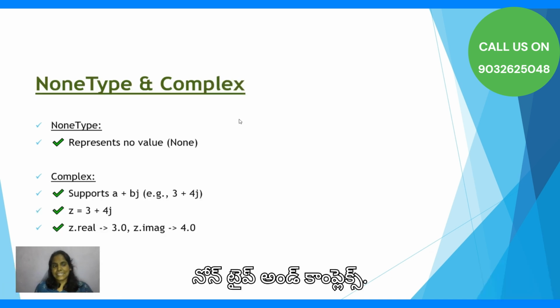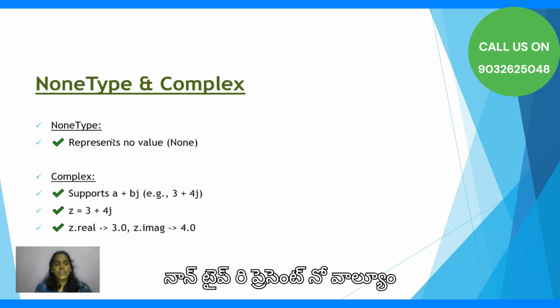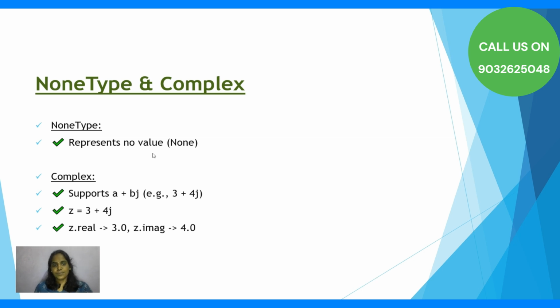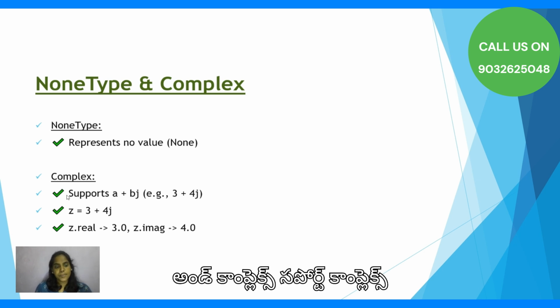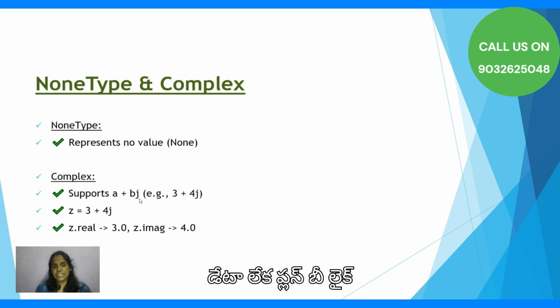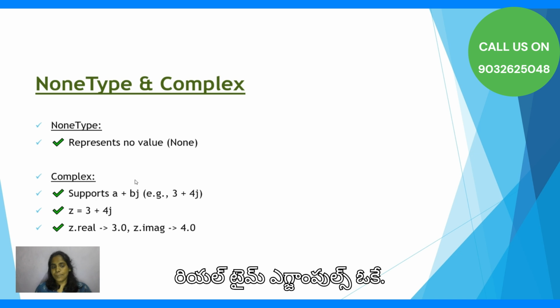NoneType and complex. NoneType represents no value, meaning None, and complex supports complex numbers like 3 plus 4j. We will learn these concepts in detail in the future with real-time examples.